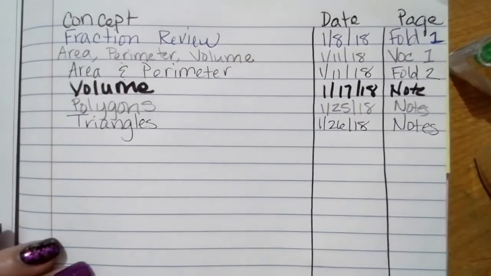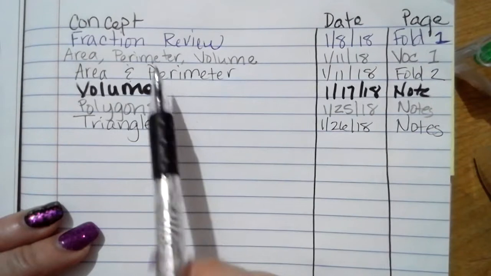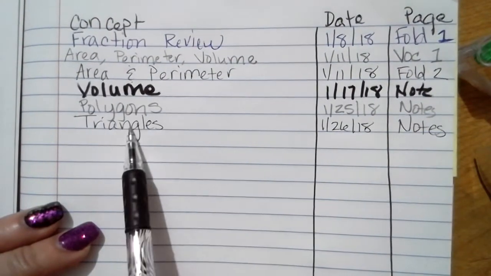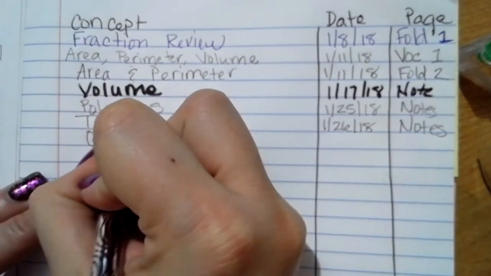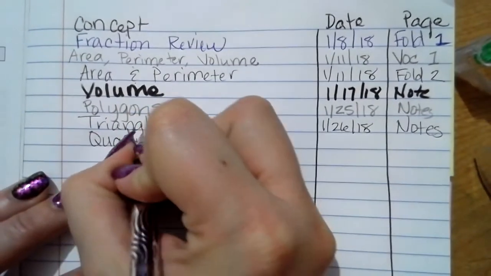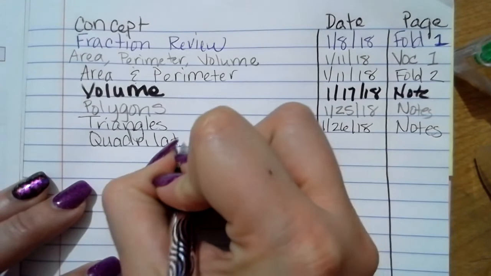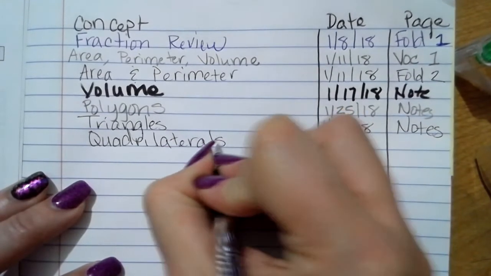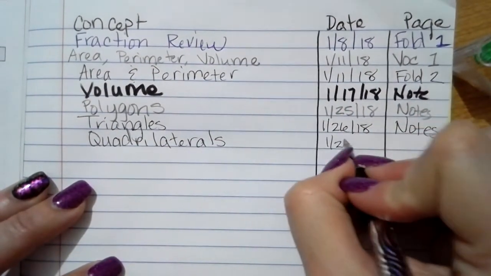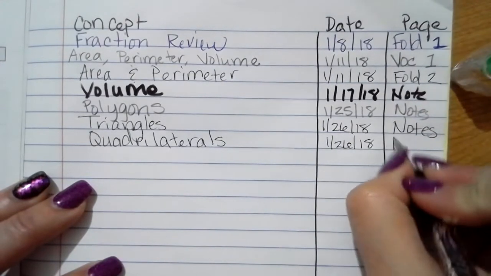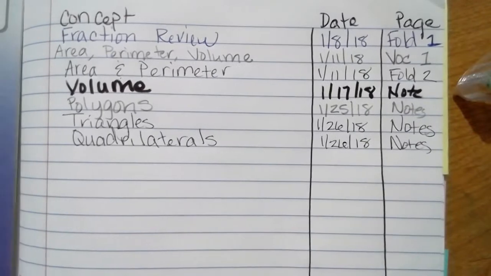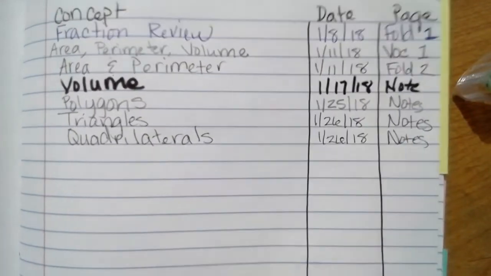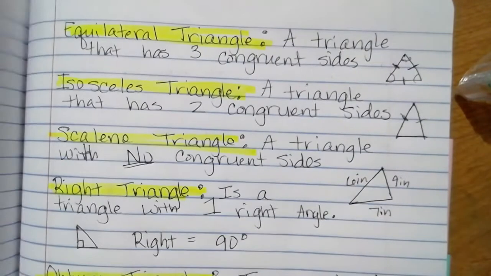All right, so we've done polygons, triangles, and now we're in quadrilaterals. Okay, and today is still 126, and we are still going to be in the notes section, even though we are putting some words in vocabulary. All right, so first let's turn to vocabulary and add those new words in.